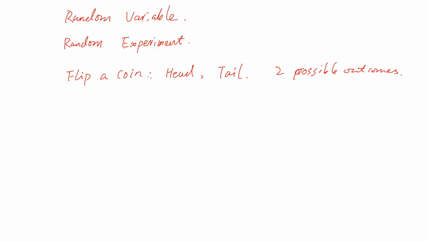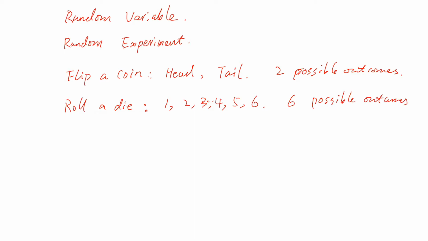Now, another example is, say, roll a die. So in this roll a die, we want to see the face value on the top. So in this case, the possible outcomes are 1, 2, 3, 4, 5, or 6. So there are 6 possible outcomes.